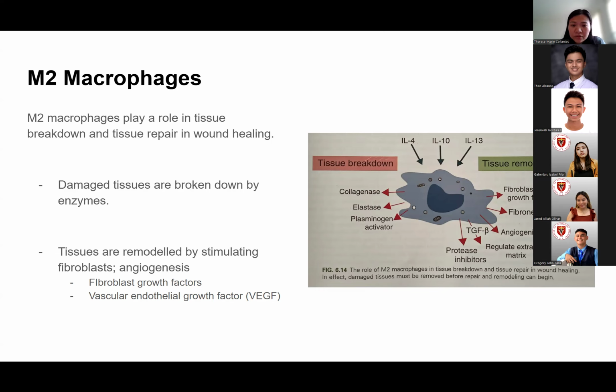The macrophage will release these enzymes to catalyze the collagen and the elastin found in connective tissue. These are the collagenase and the elastase. We also have the plasminogen activator. And then we have the role of tissue remodeling.